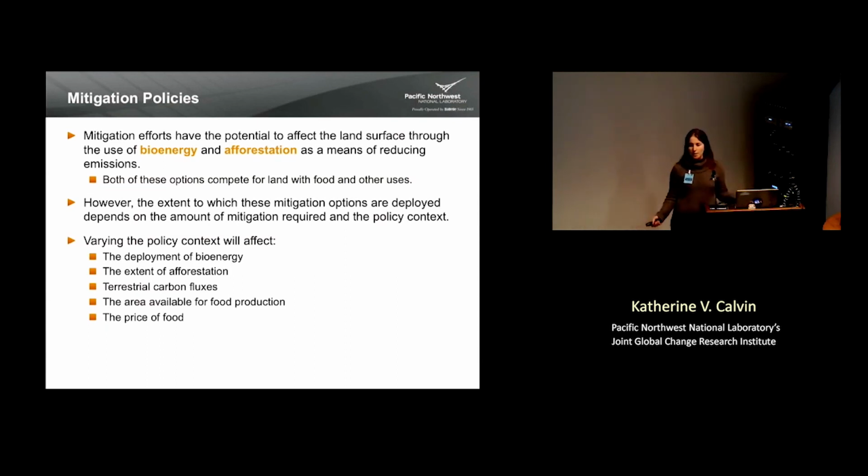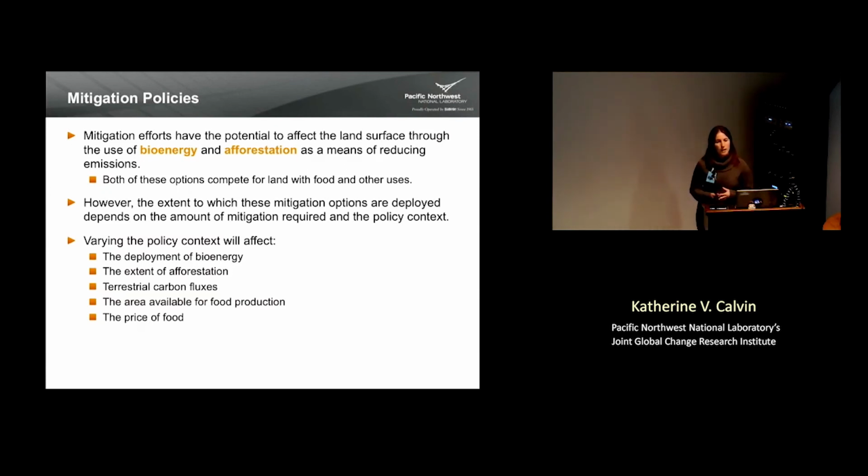So you can plant trees and store carbon, or you can use bioenergy to cut your use of coal, gas, and oil in the energy system. So it's just a supplement or replacement. Both of these options are going to compete for land with food and other uses. So you're putting pressures on the system when you introduce terrestrial mitigation policy, because there are other things out there that we want to use the land for.